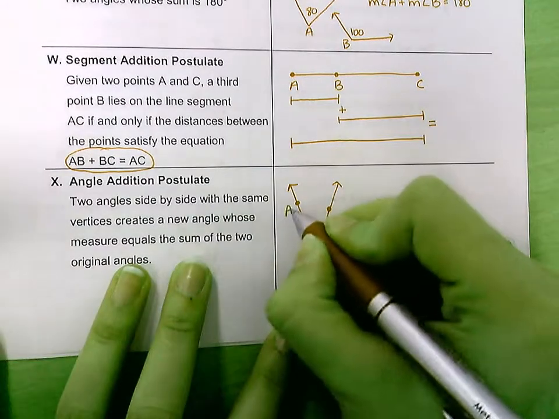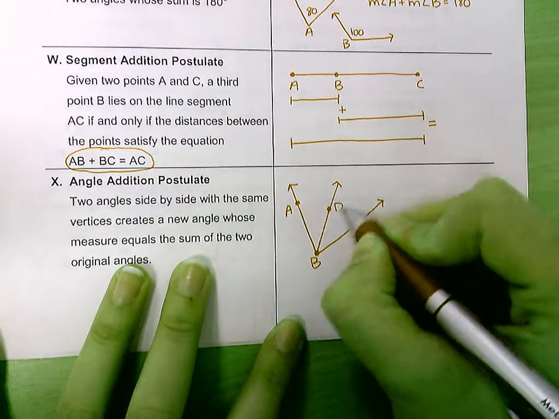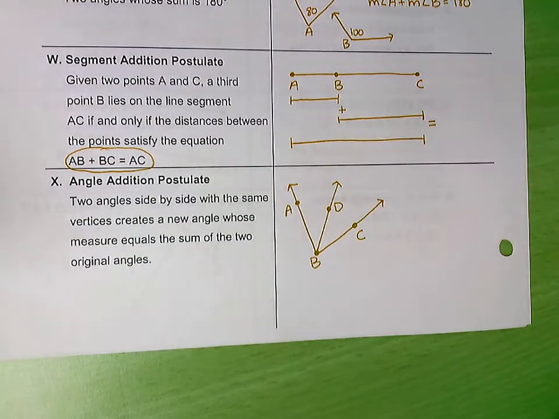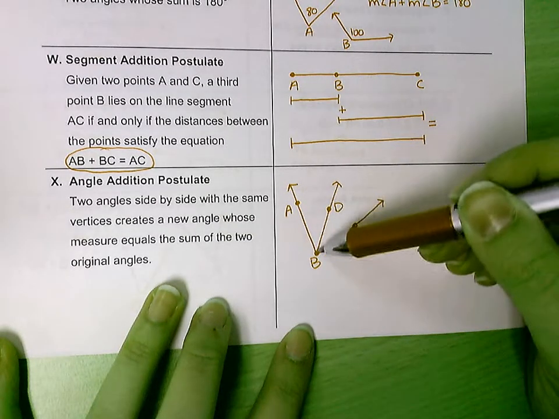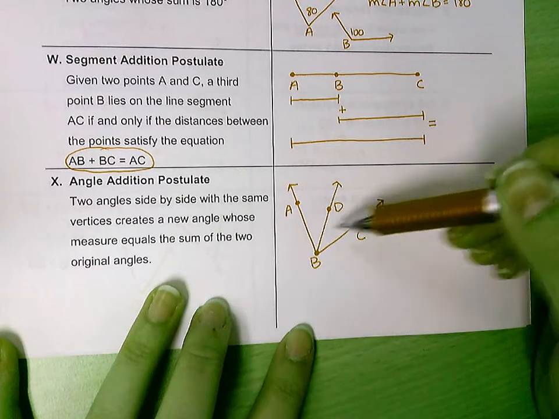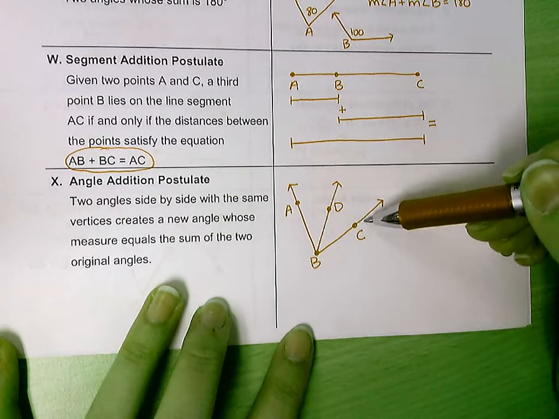So I have point A, point B, point C, and I'll label this one with point D. I can take both of my smaller angles, and if I add those two together, I should get this larger angle here.